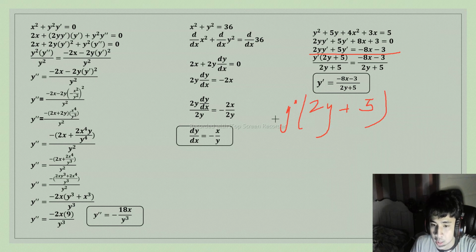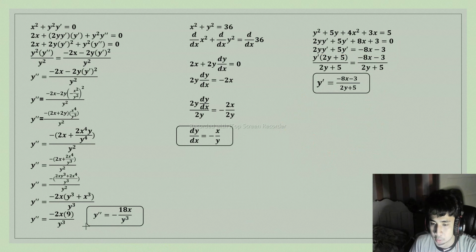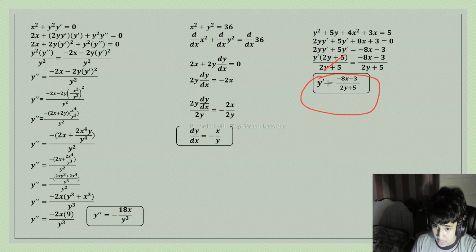Edi nakahiwalay na yung y prime natin. 2y plus 5 tapos is equal to negative 8x minus 3. So, ika-cancel na natin yan and that will leave us to this answer. Y prime is equal to negative 8x minus 3 over 2y plus 5. And that's it.